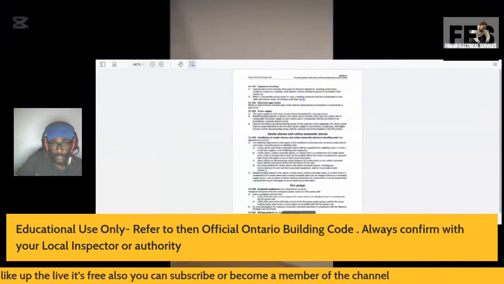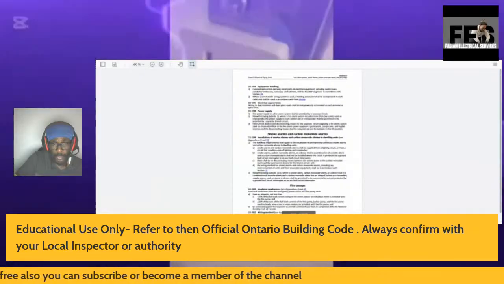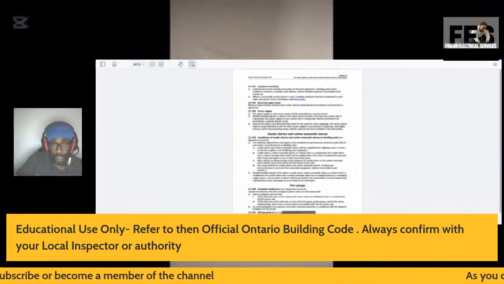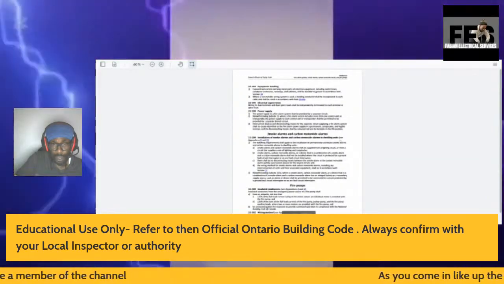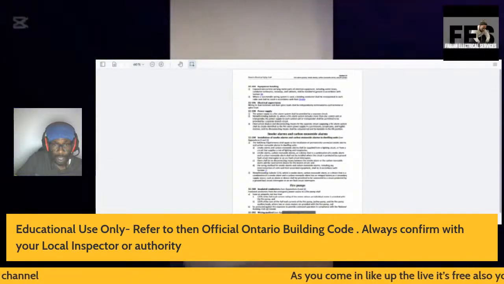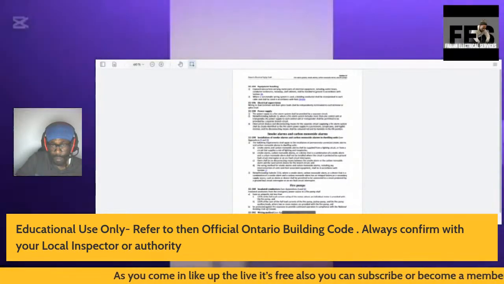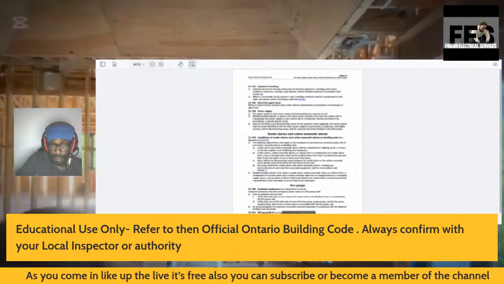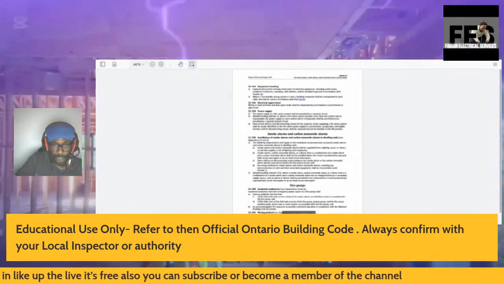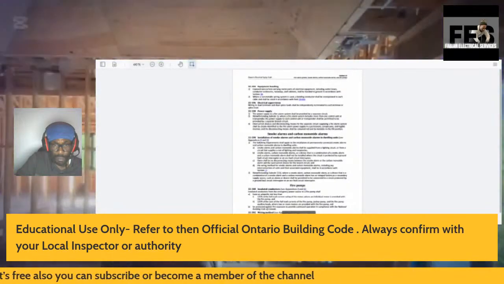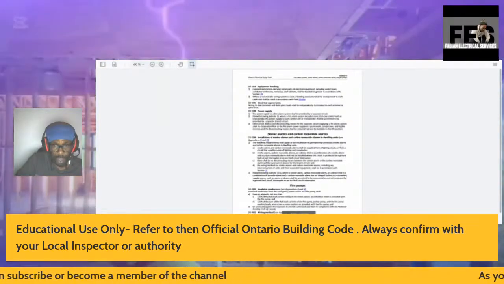So, installation of smoke alarms and carbon monoxide alarms in dwelling units. The following requirements shall apply to the installation of permanently connected smoke alarms.